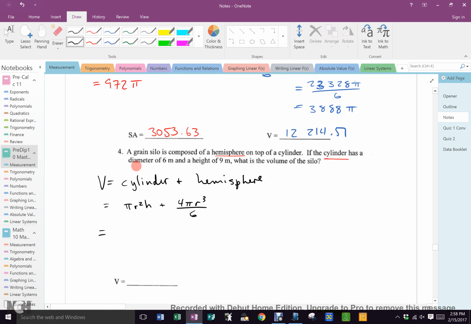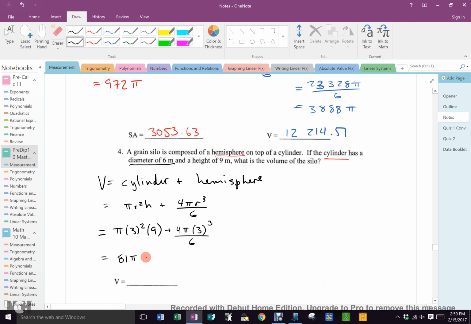Diameter is 6, so it's pi times 3 squared times 9. And the sphere is 4 times my radius, which is still 3, cubed divided by 6. Now you just punch that in.